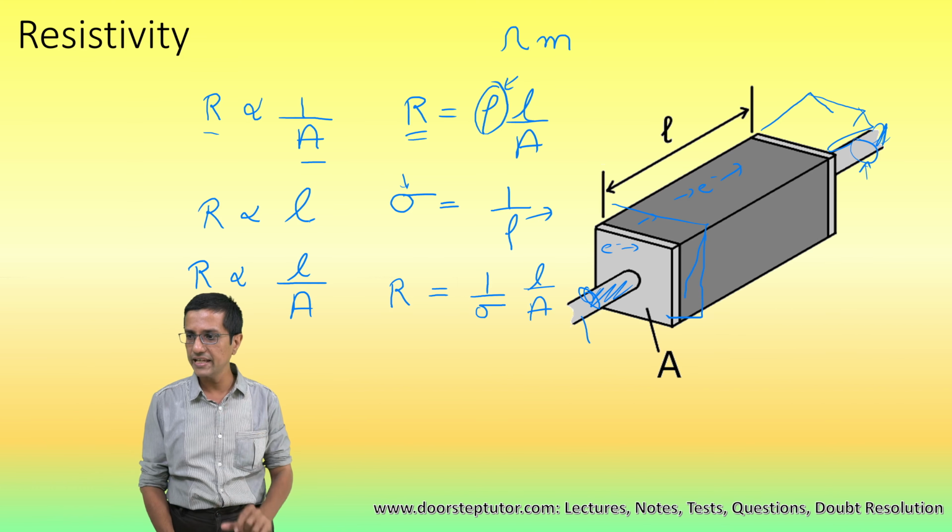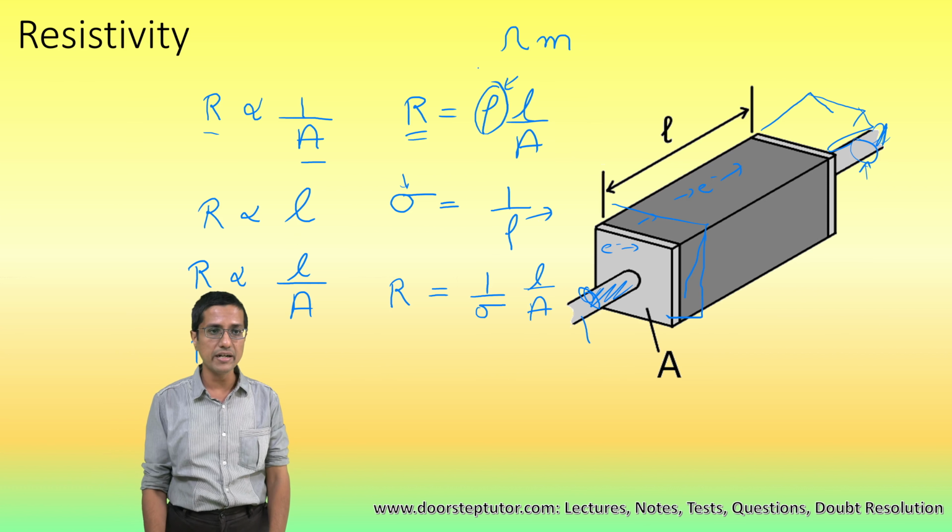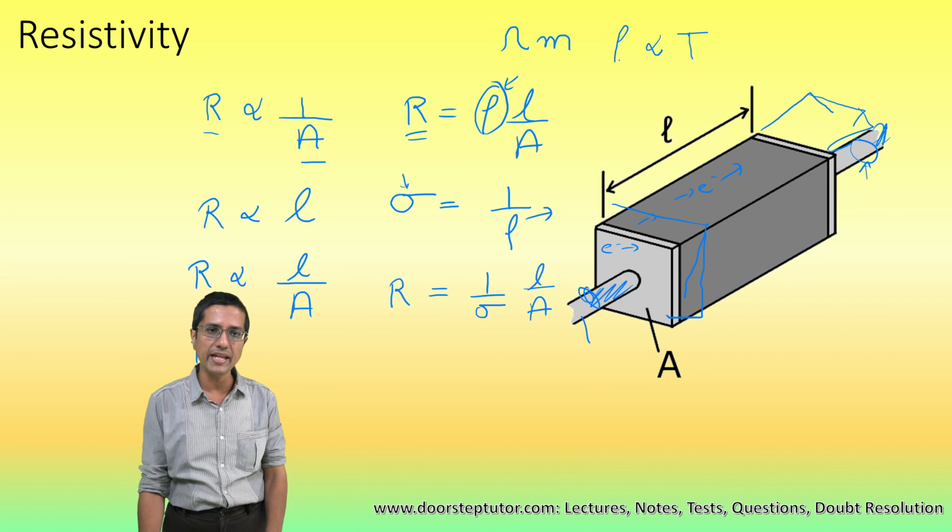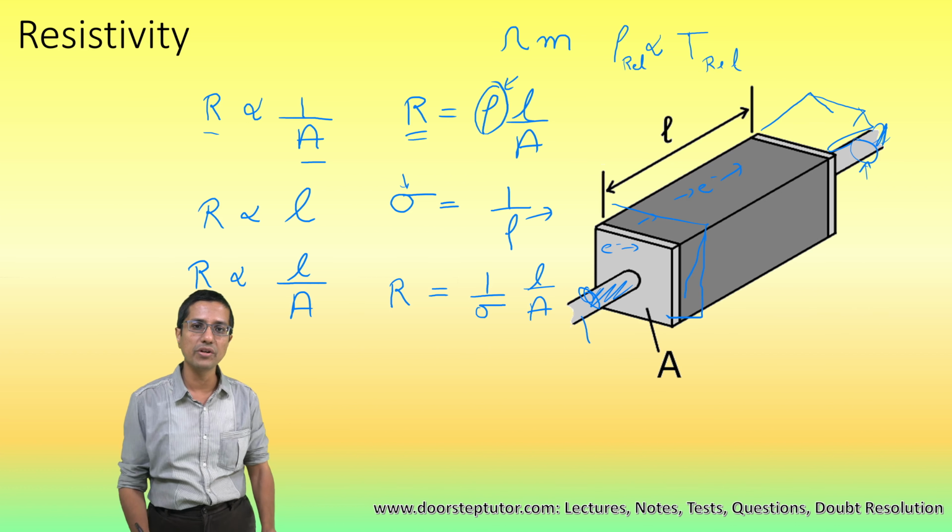Now the third thing that we will learn is how the resistivity changes with temperature. The resistivity typically increases with the temperature. Okay, and in absolute terms, if you want to be very exact, we'll say that the relative change in resistivity is directly proportional to the relative change in temperature.